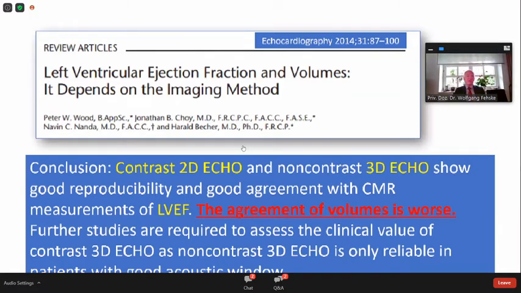So the second topic for the measurement of the stroke volume is to do it by 2D echo or by 3D echo.